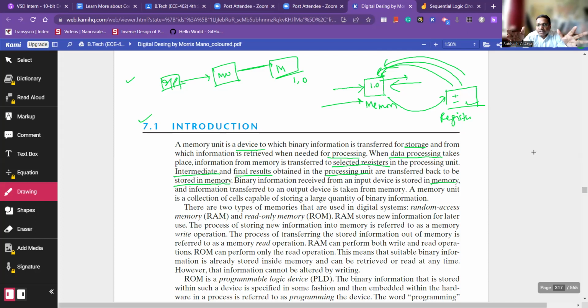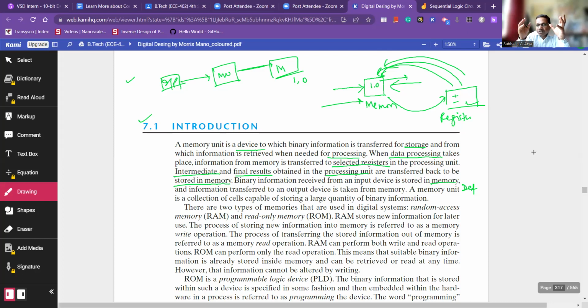A memory unit is a collection of cells. Now we can define what a memory unit is. By definition, it is a collection of cells capable of storing a large quantity of binary information. A register is also able to store data, but not permanently or at large scale.